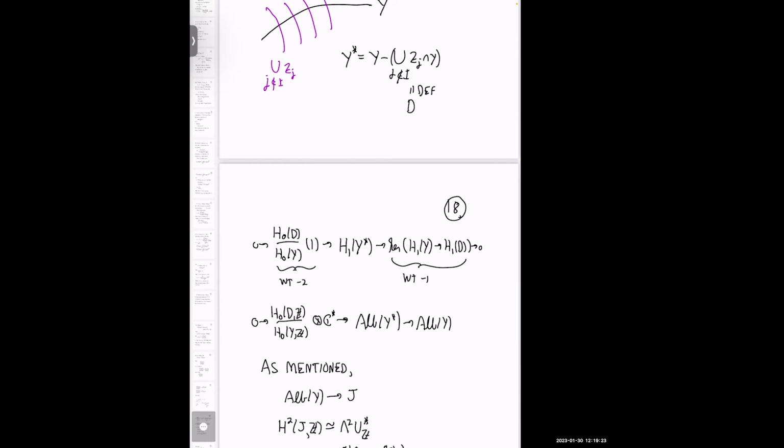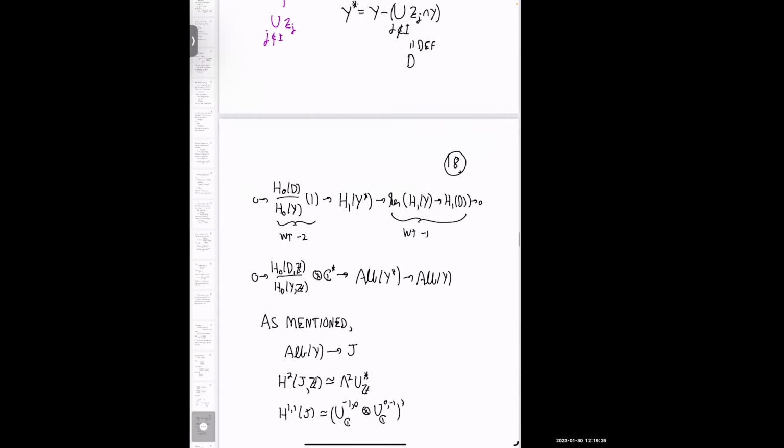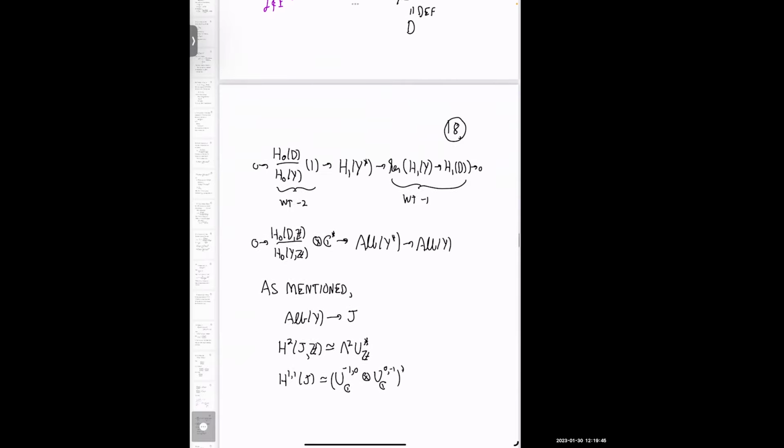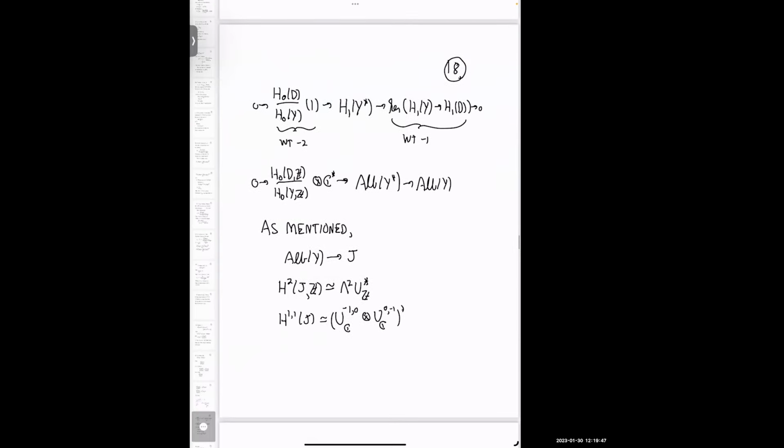And they have weight -2 and -1. And as a result, the Albanese of y star, the thing that you get by integrating the one forms, including logarithmic one forms, maps to the Albanese of y, and the kernel is a collection of C stars.